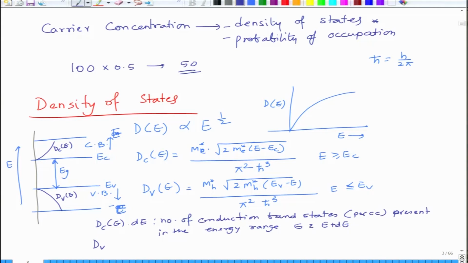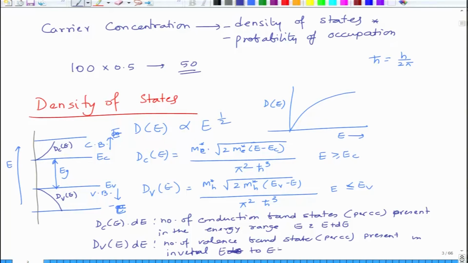Similarly, dV(E) into dE would be the number of valence band states per cc present in the interval E to E plus dE.